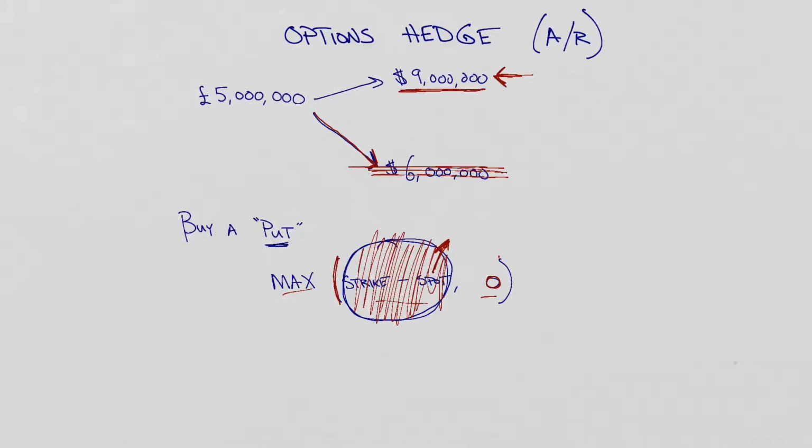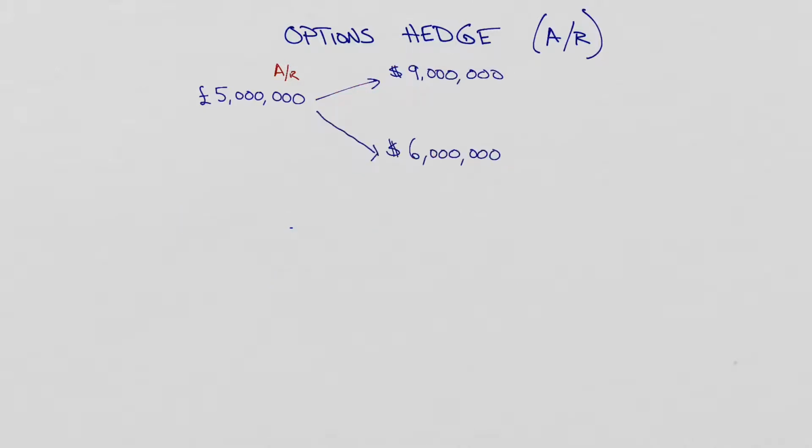But that's fine because if the pound strengthened, that means the value of these accounts receivable in terms of dollars is going to go up substantially. And so we're still in a good situation. So with an options hedge, you get to keep the upside, but you also get to eliminate the downside. That's that asymmetric payoff that's happening here. That's unique to an options hedge approach.